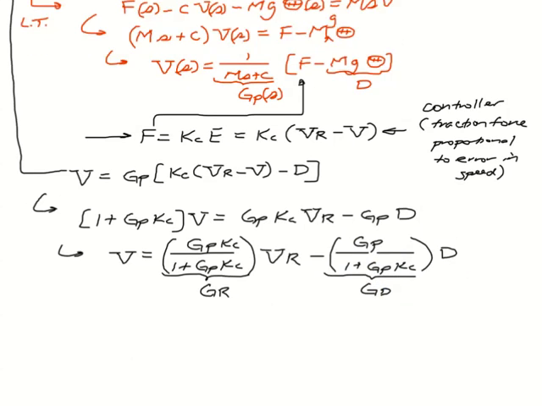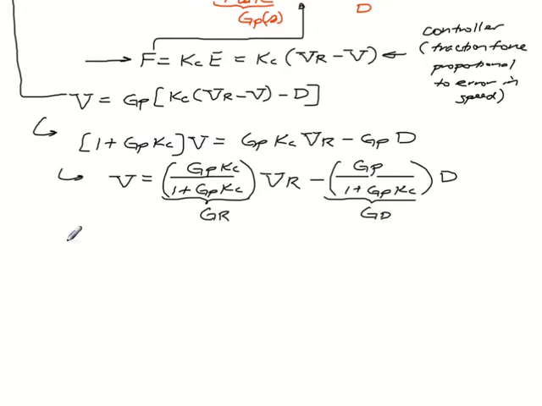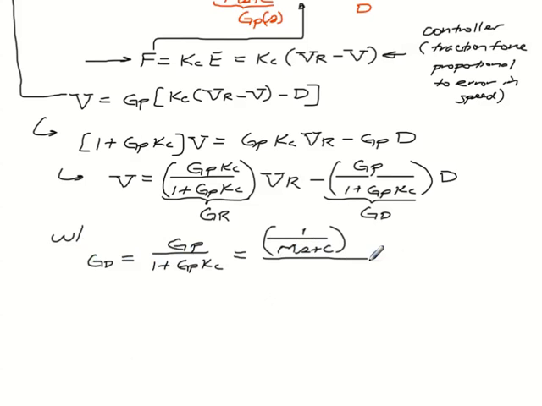So let's do Gd first, because we see that Gr is proportional to Gd. Gd, again, is Gp divided by 1 plus Gp Kc. Gp was equal to 1 over (ms plus c), divided by 1 plus Kc divided by (ms plus c).